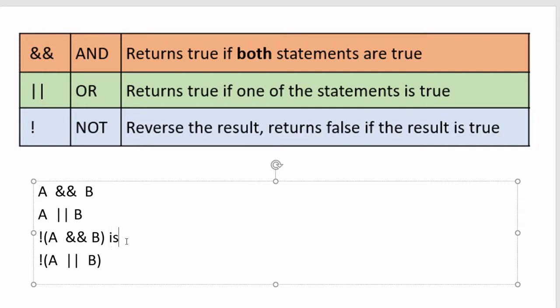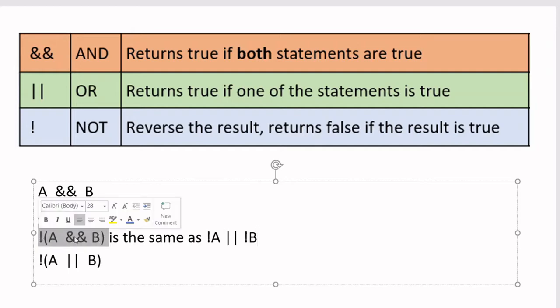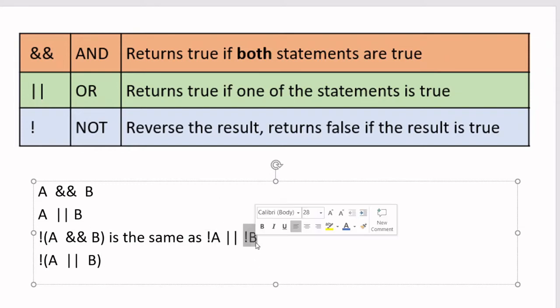So it is the same as not A, so you're going to reverse the first expression, and also we're going to have the opposite of AND, which is going to be OR, and the negation of B is going to give us not B. So not this whole expression is equivalent to not A, the opposite of AND is OR, and not B. So this expression is the same as this expression.